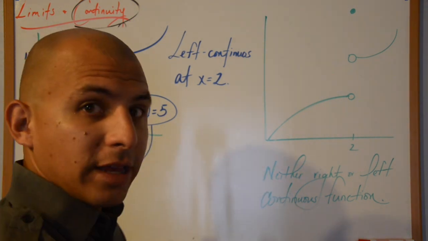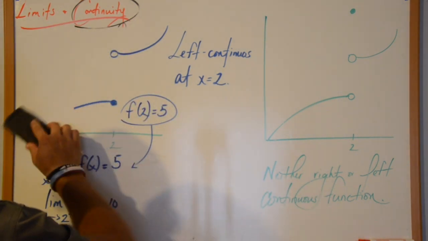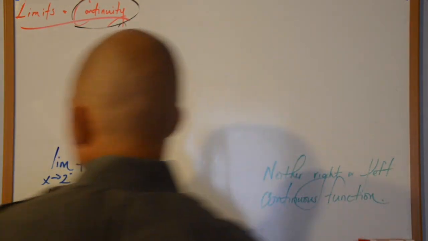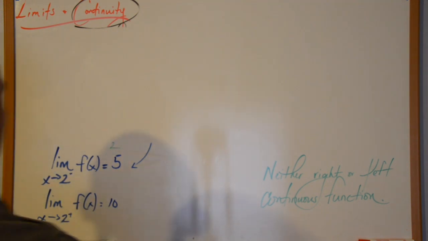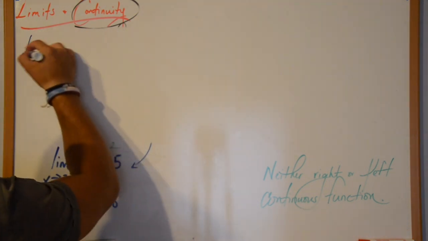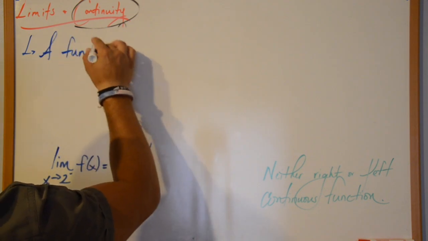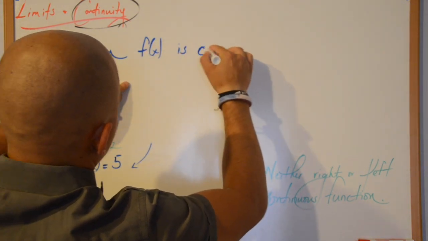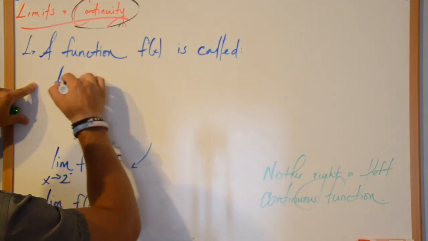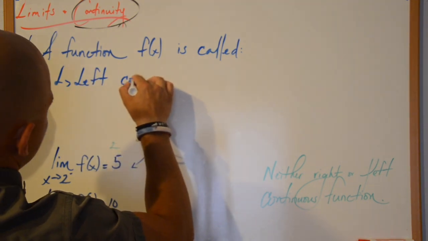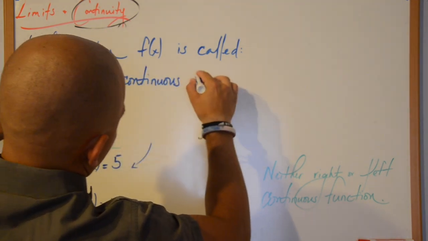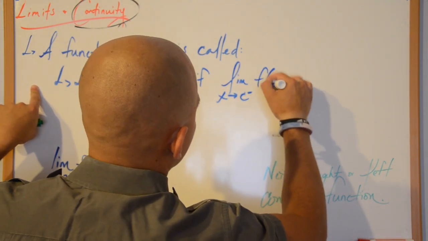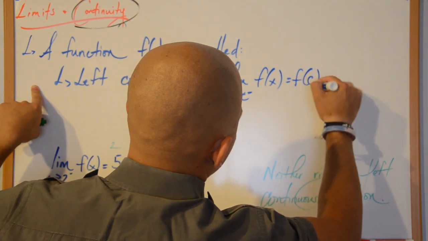So let's jot down a definition, and then we'll pause our video here. So our definition is a function f of x is called left continuous if the limit as x approaches c from the left of the function is equal to the function output.